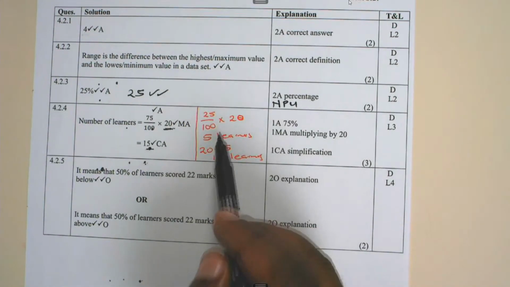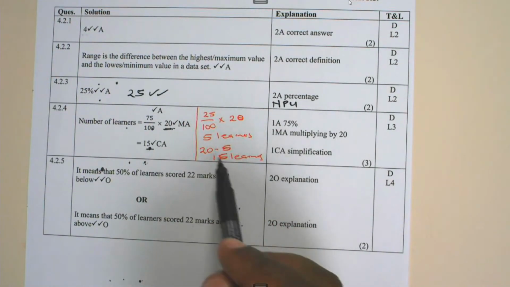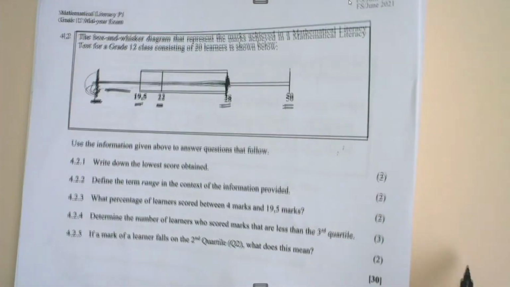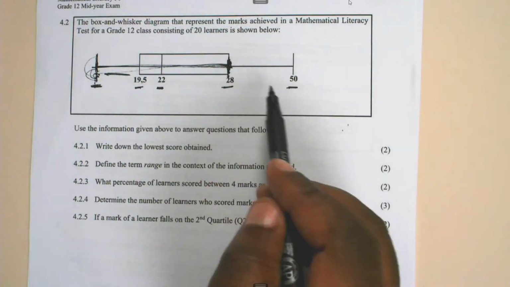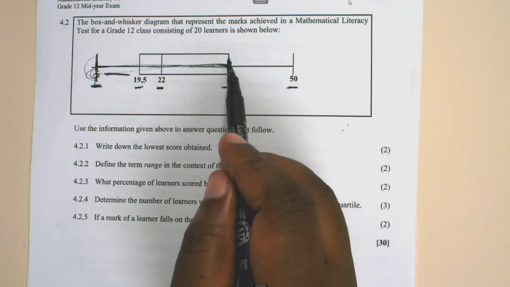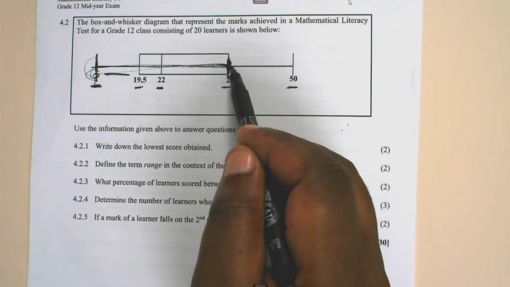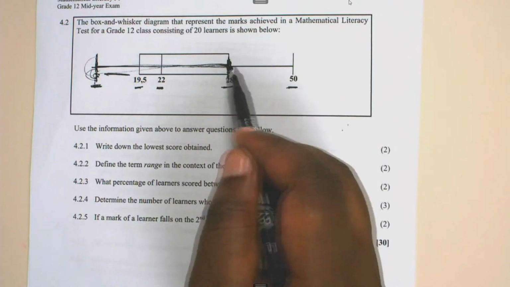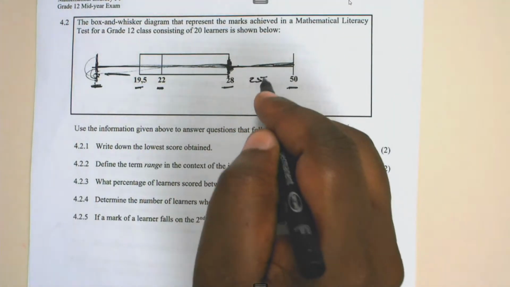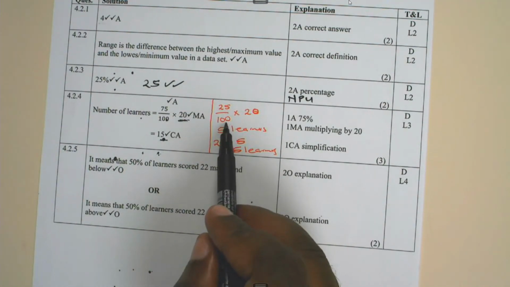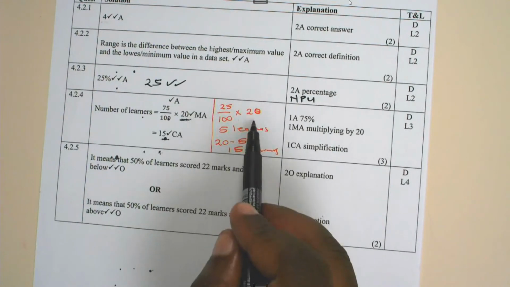Then with another option, learners will say, okay, from the 3rd quartile to the maximum value, it's 25%. They can use that 25 and say 25 divided by 100 multiplied by 20.